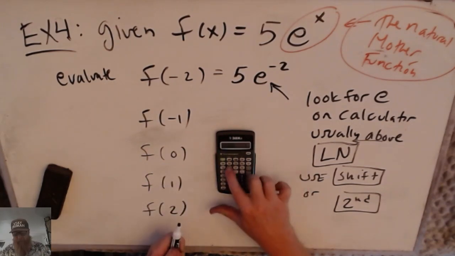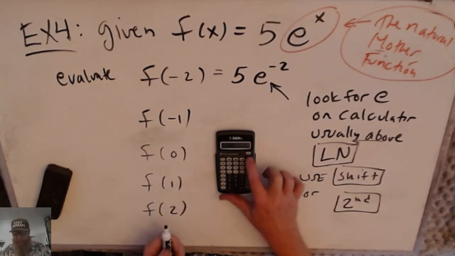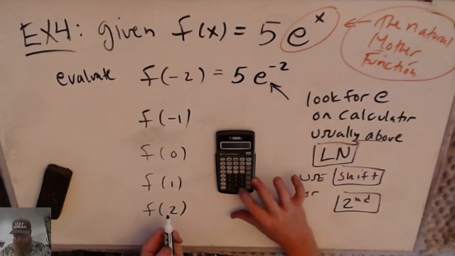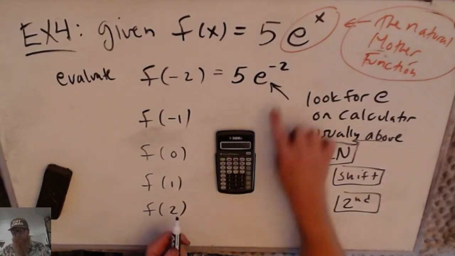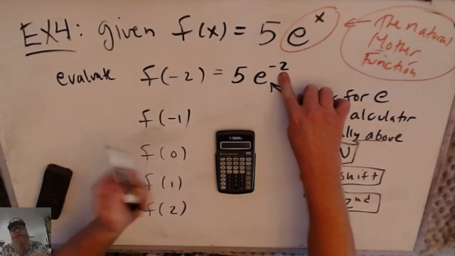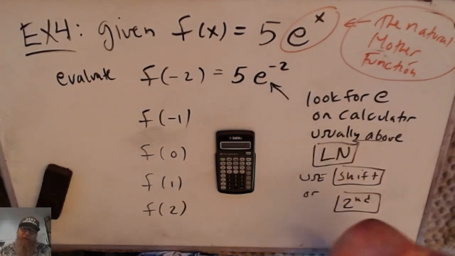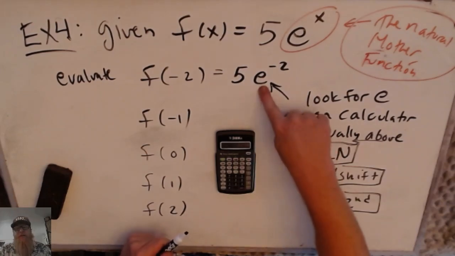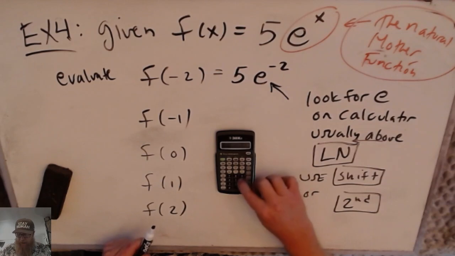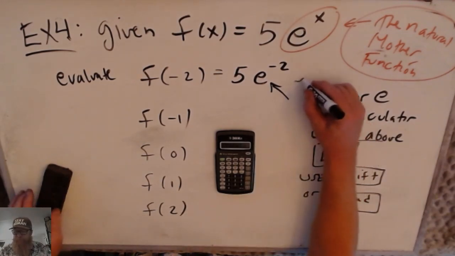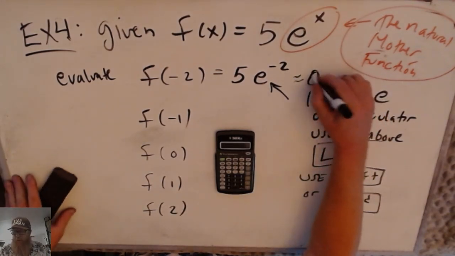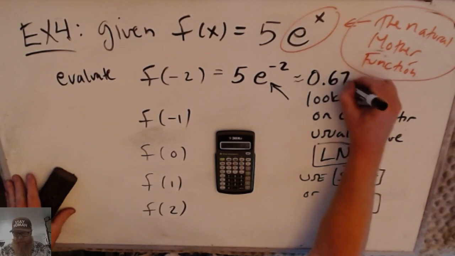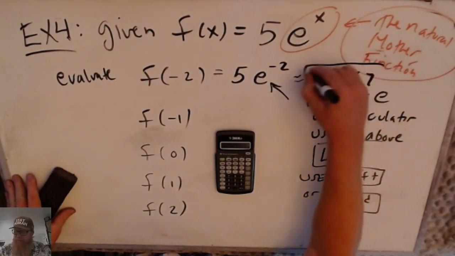On my calculator, I have a second function. So you're going to go -2. Do that first. In my calculator, do everything backwards. Hopefully at this point, you've gotten used to how your calculator works. Then you're going to do e, and then you're going to multiply by 5. And then round it to 4 decimal places, 0.6767.